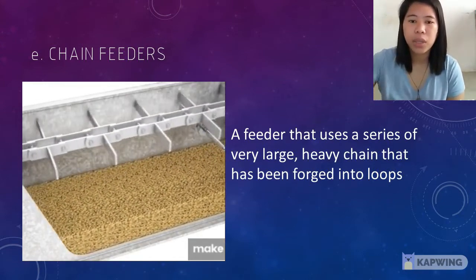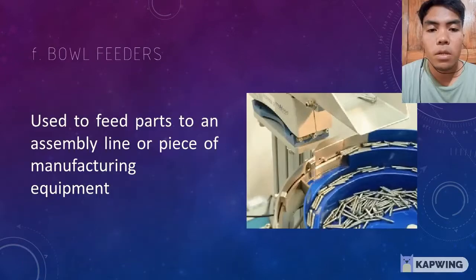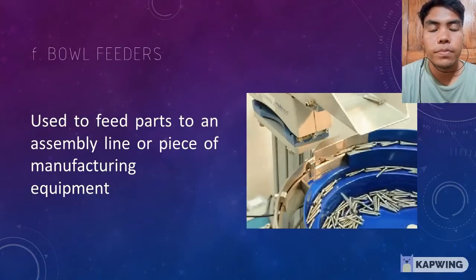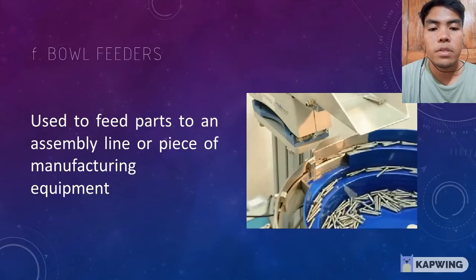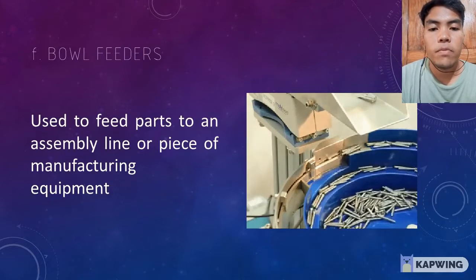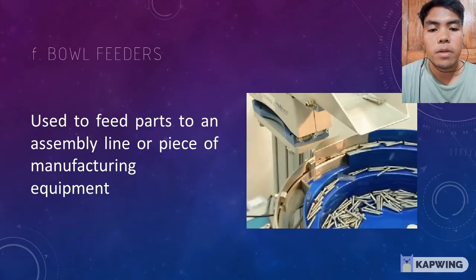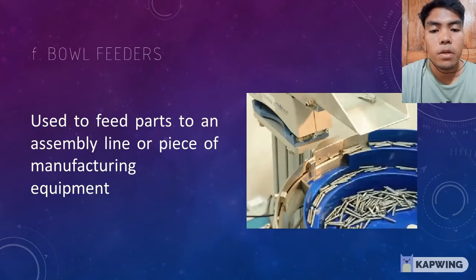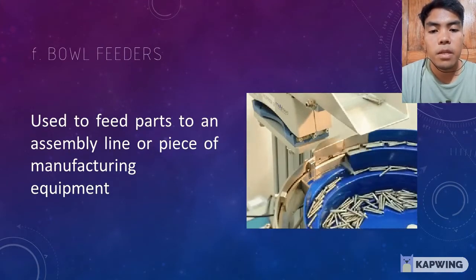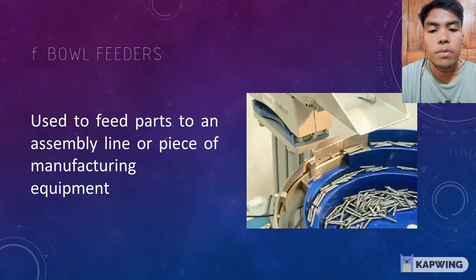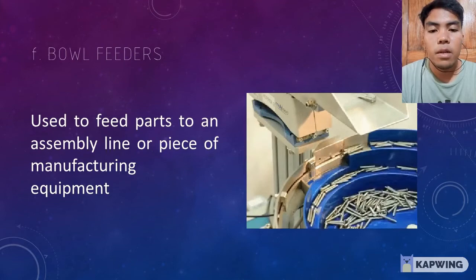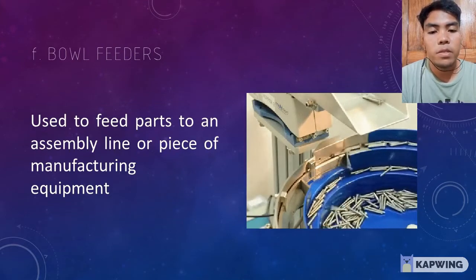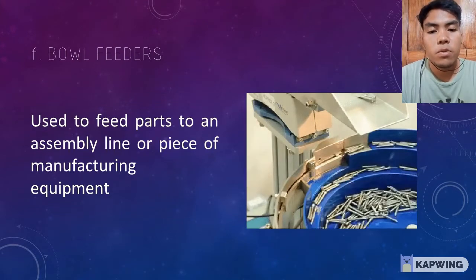So next is bowl feeders. Bowl feeders are a vibratory mechanism used as a material conveyor and automation equipment that is essential for several manufacturing processes such as automotive.